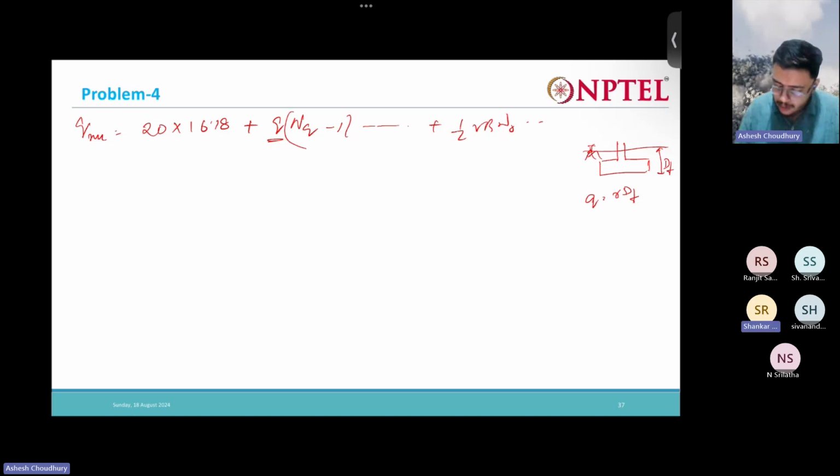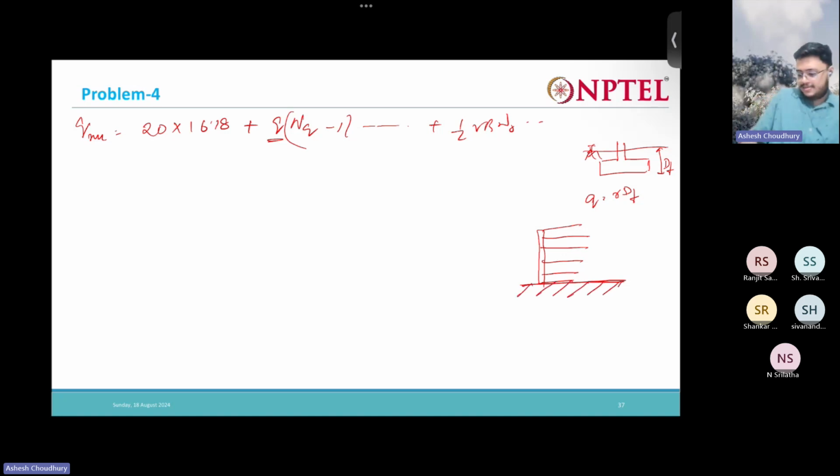Yeah. Now, this is your reinforced soil. This is the foundation soil. Now, in that case, you can consider that this block is directly at the surface of the foundation soil. Right, this block is directly on the foundation, so Df is 0.